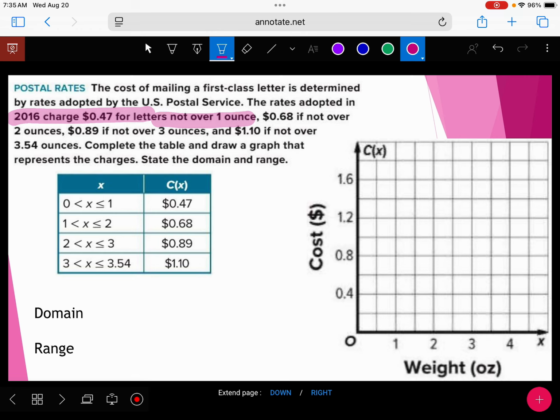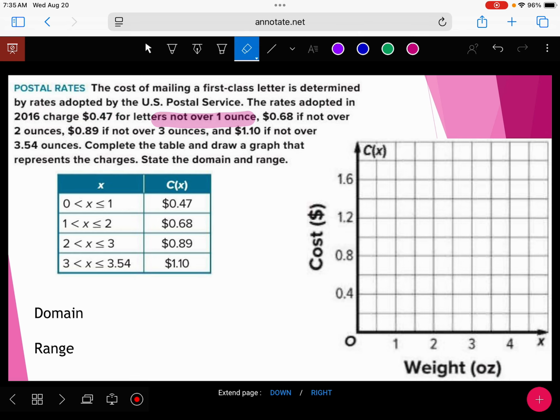If it's between 1 ounce and 2 ounces, it's an additional stamp. 2 ounces and 3 ounces, I need more. 3 ounces to $3.54, which seems arbitrary, is a different price. And at that point is when they decide that it's technically a package, and you have to go with the box prices. So it's taken this information in this paragraph that's saying all these same things.